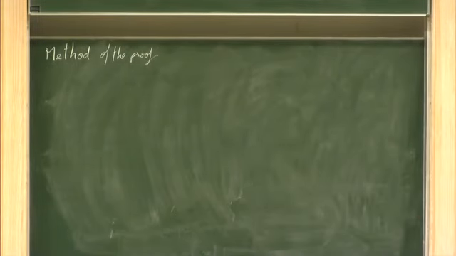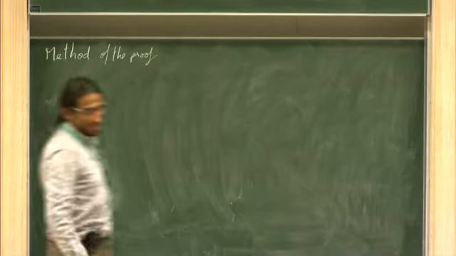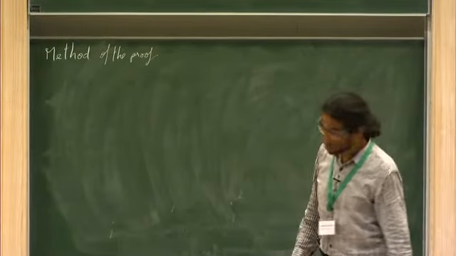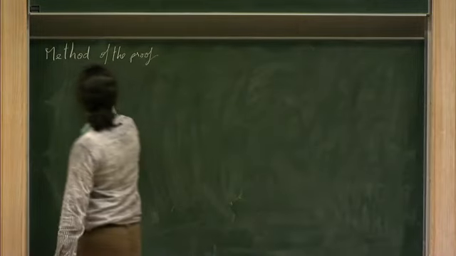So the method is an adaptation of the method that was used here for the pseudo-Anosov elements. So maybe I will try to first sketch what was the method for the pseudo-Anosov case.